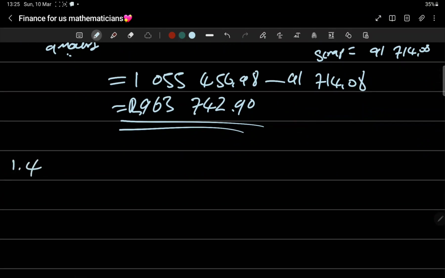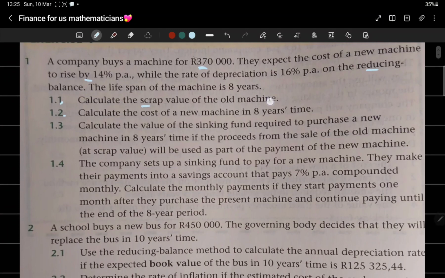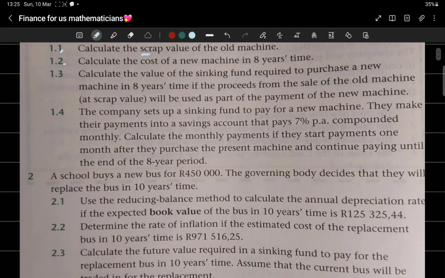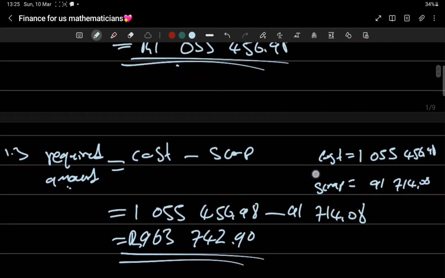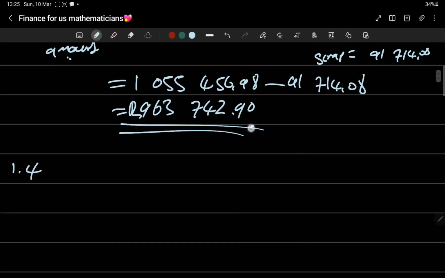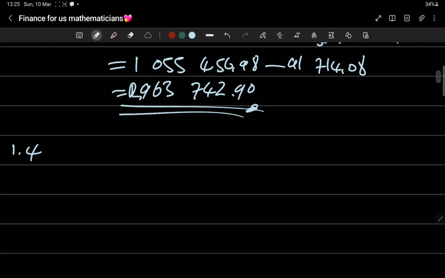And then the next question says the company sets up a sinking fund to pay for a new machine. They make their payments into a savings account that pays 7% per annum compounded monthly. Monthly payments, so they want to save up this money in 8 years' time.